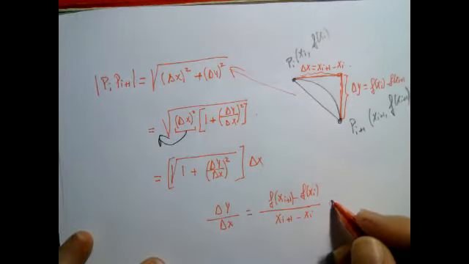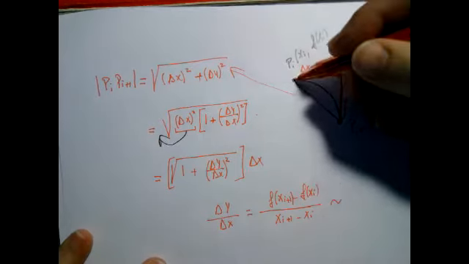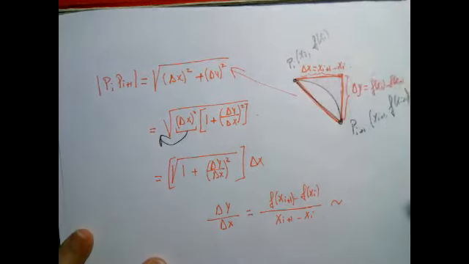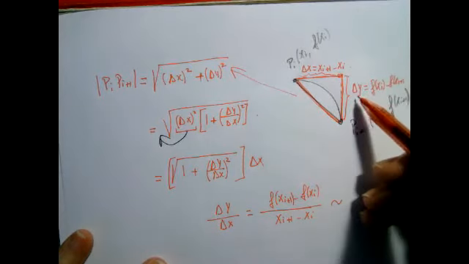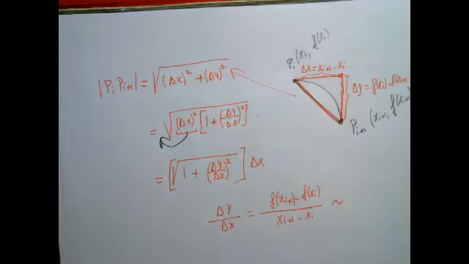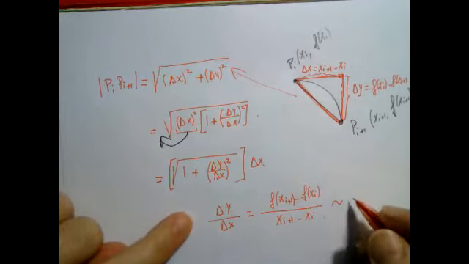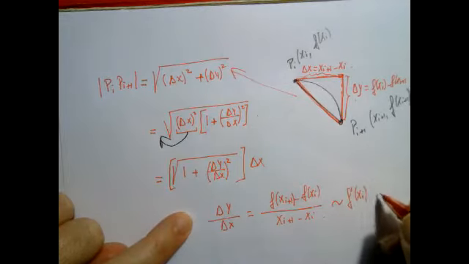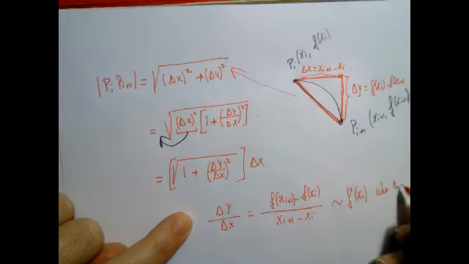So this is almost equal to, this should remind you of the slope of the secant line, because that's the delta y over the delta x. And we know that this is basically the derivative when delta x is very small. This is almost equal to the derivative at x_i when delta x is small.